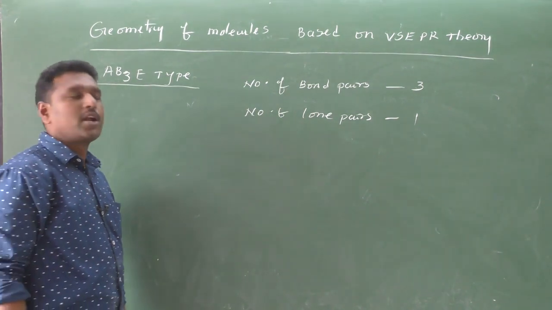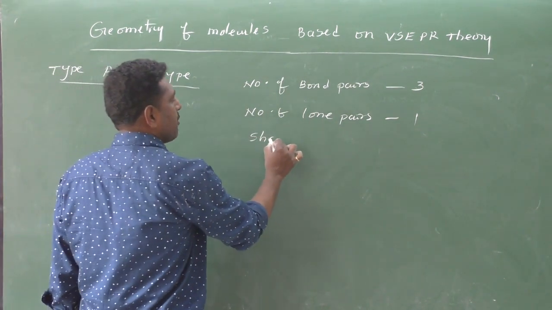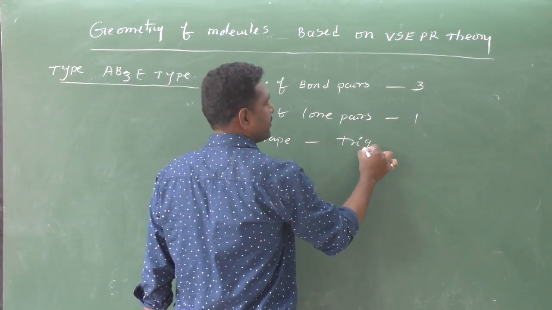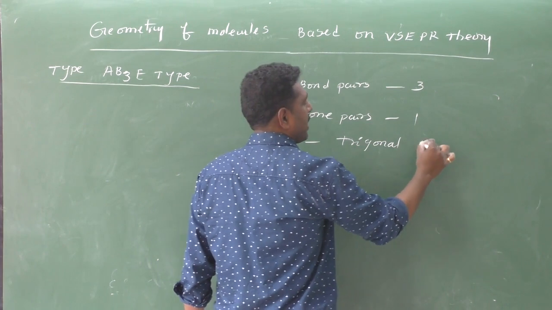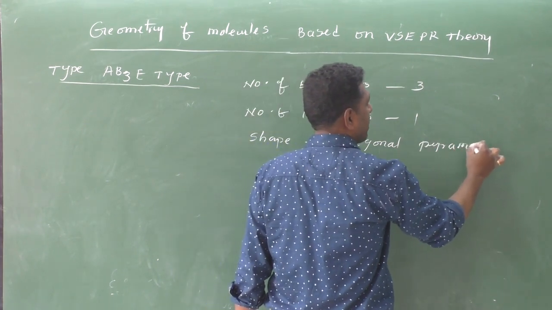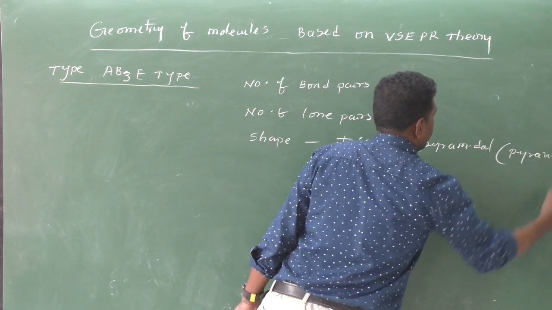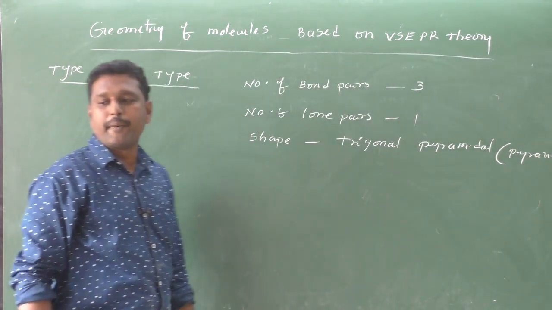The shape of the molecule is trigonal pyramidal, or pyramid shape. Simply we say pyramid shape, trigonal pyramidal.